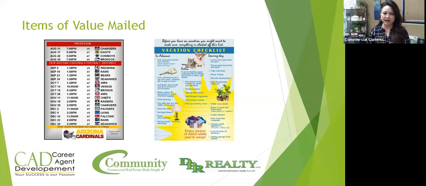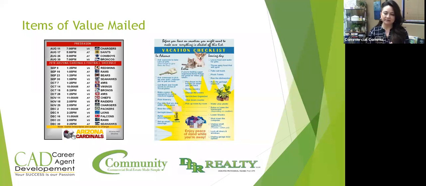And so every time an agent sends out a monthly item of value, and I did say monthly, it's not a once a year type of thing. It's every month. The item of value doesn't necessarily need to be something that is always real estate related. It could be something as simple as the Arizona Cardinals football schedule. Okay, so it's something of value that they would use.